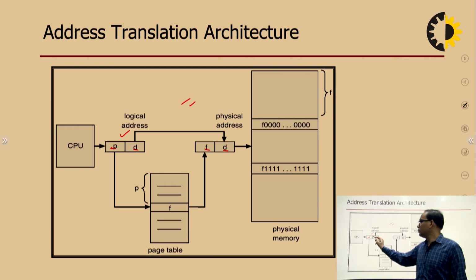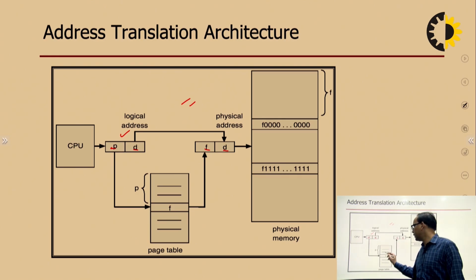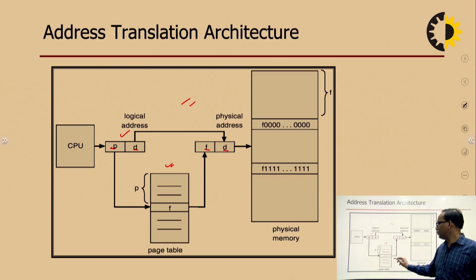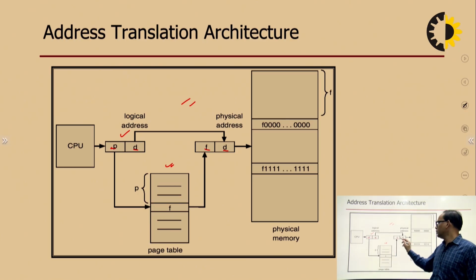So whenever a logical address is generated by the CPU, at first we will find the entry of that page number in the page table, and from the page table we obtain the information about the frame number. It means we find which frame this page is loaded into. The offset value will be the same because the size of a page is equal to the size of a frame.